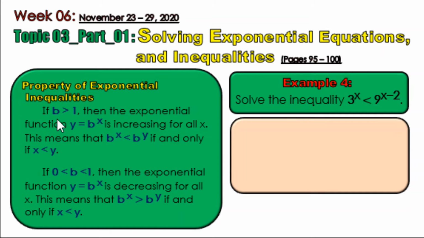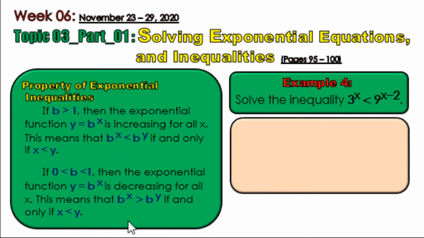Again, as a review, we have two intervals for the value of b. b can be greater than 1 and b can be between 0 and 1. So for the property of exponential inequalities, for the first one, we have less than and less than, while for the second, if we have greater than, we have less than.